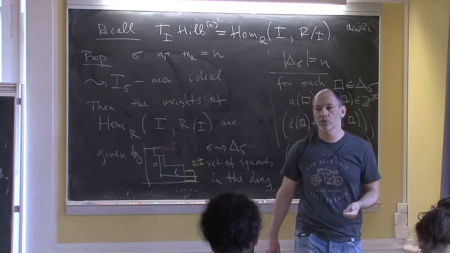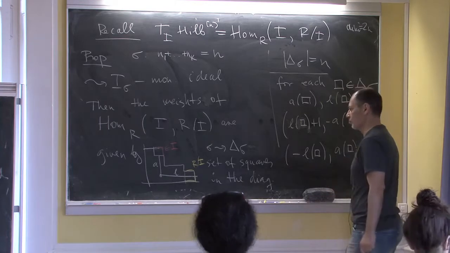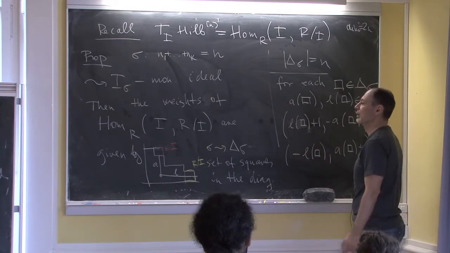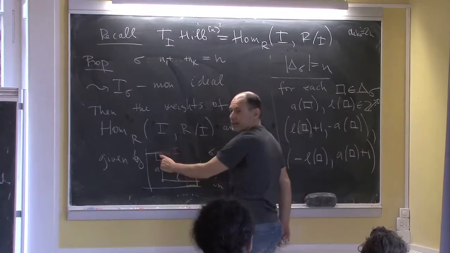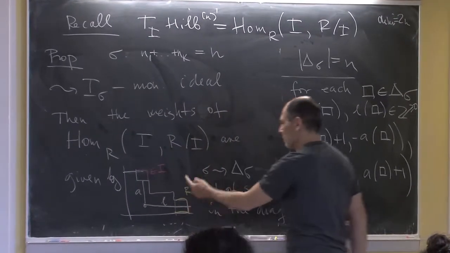Which precisely boundary squares you need to take? Well, then it's a combinatorial problem that's actually very easy to do, but we're not going to do that because I didn't have time to finish this. But anyway, this homomorphism simply says that this element of I will go to this element of R/I. And that naturally gives you a weight.